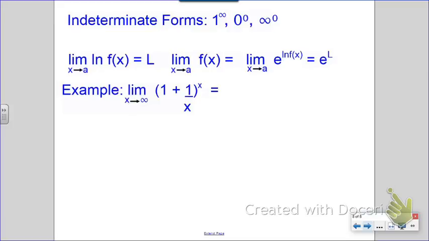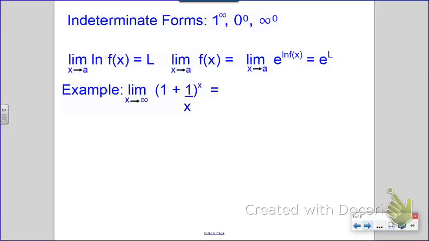The last thing we have are the indeterminate forms of 1 to the infinity, 0 to the 0, and infinity to the 0. The easy way to check that these are actually problems that use this form is anything that has a variable in the exponent. They're pretty easy to pick out when you're looking at problems. So again, the way we're going to solve this is a set way for looking at the problem.